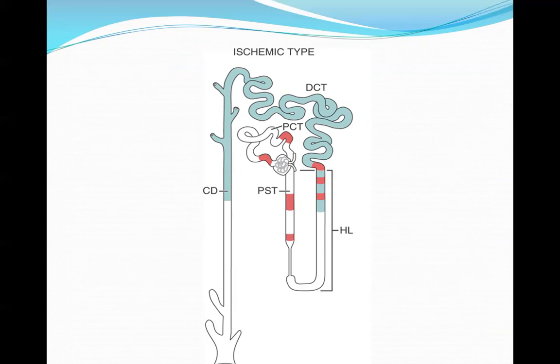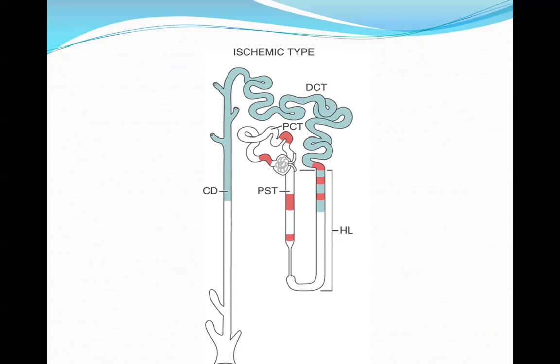The cast is not seen here because it is not produced here. It is produced in the ascending limb and the distal convoluted tubules. And you can see this cast from here onwards, right? As the urine starts forming, it will push this cast and it will come into the urine.